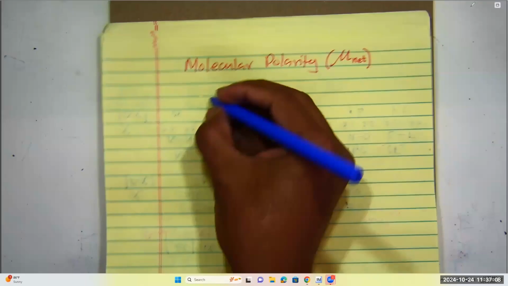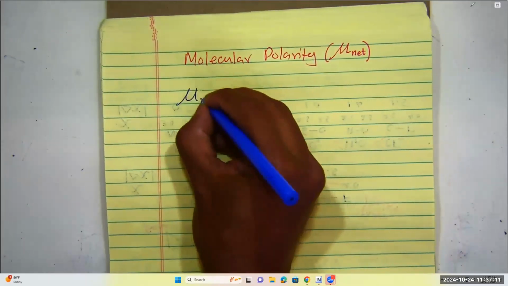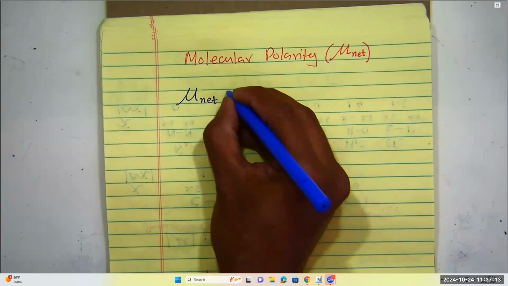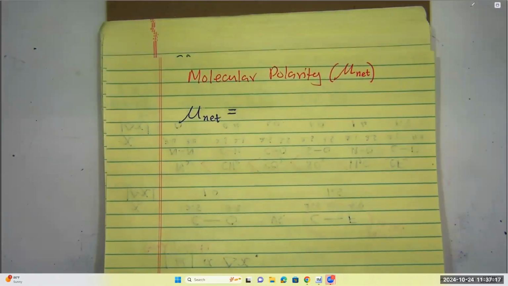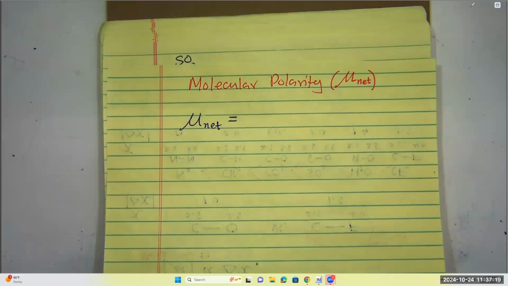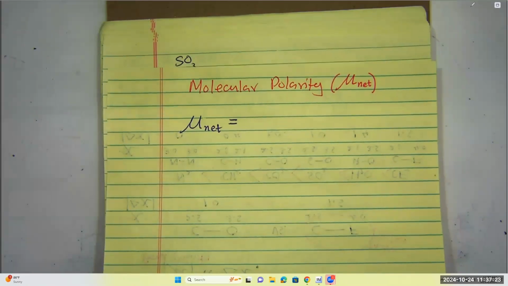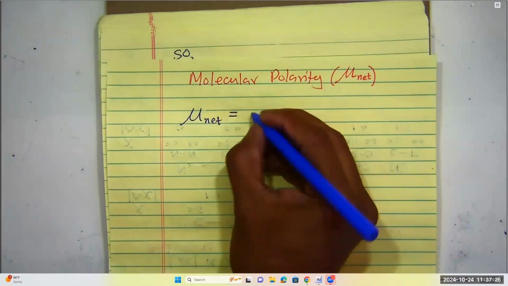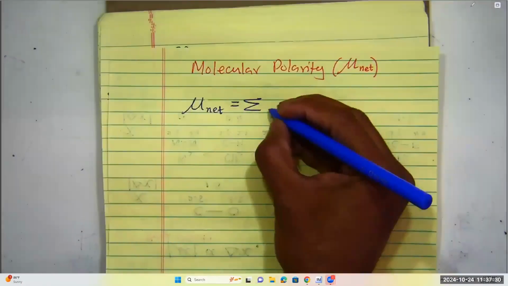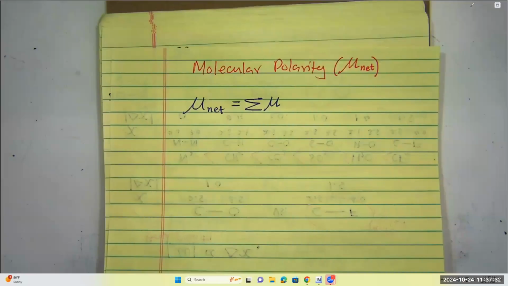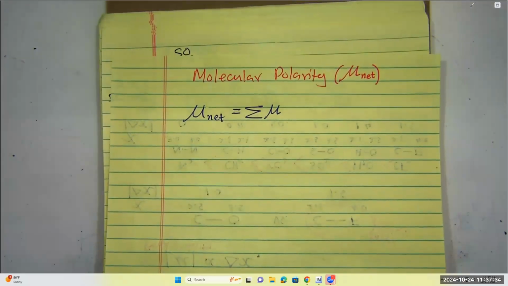is, okay, mu net is equal to, and in mathematics, how do we indicate the summation? What Greek letter do we use for summation? Like sigma, right? Okay, uppercase sigma, yeah. So the sum of the bond dipole moments. I'll write this down as well.